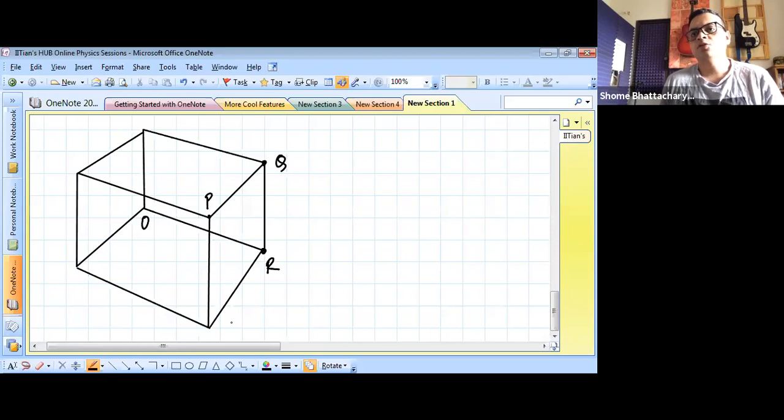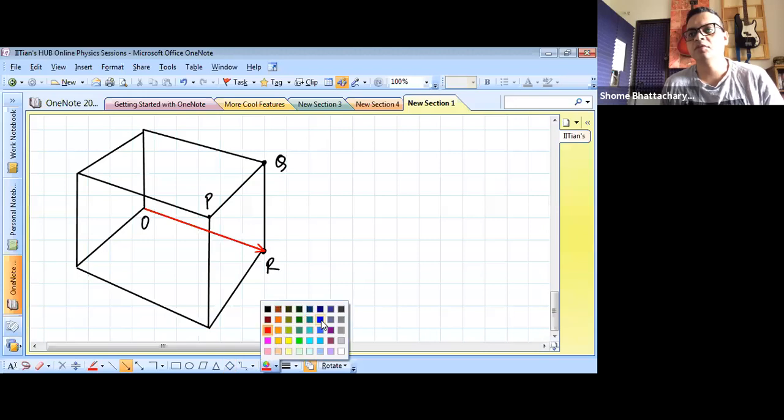Okay. So first, let us look at these two vectors that we had constructed: Ax i cap, which was this, and Ay j cap, which was this. So this was of length Ay, and this was of length Ax.